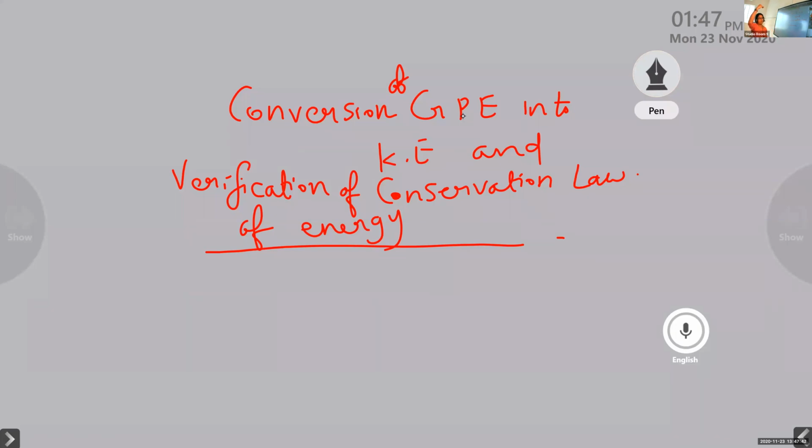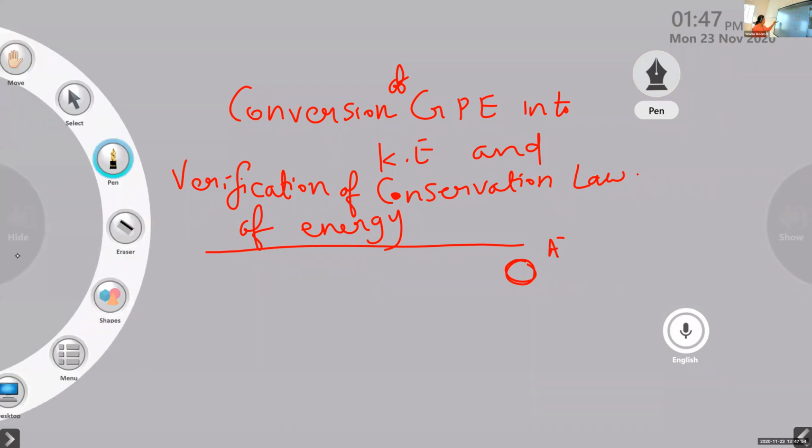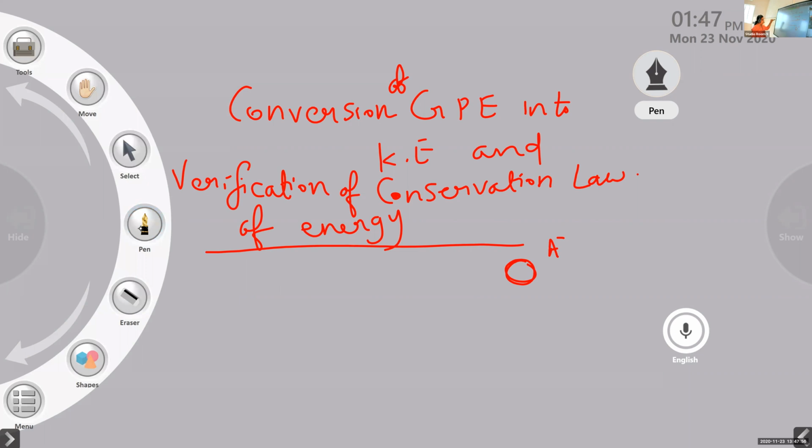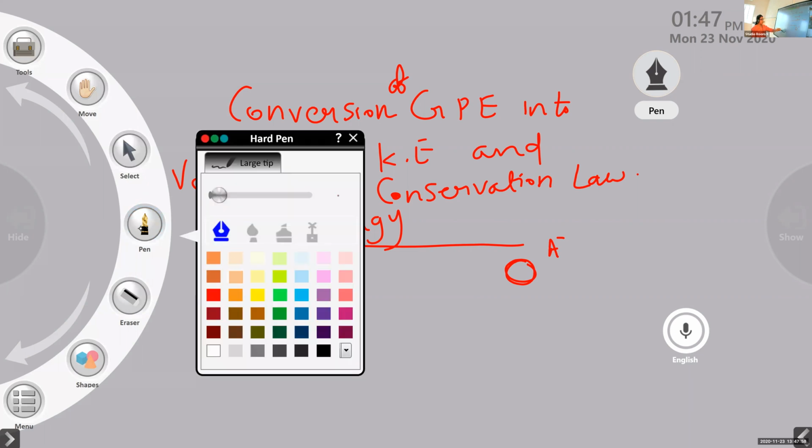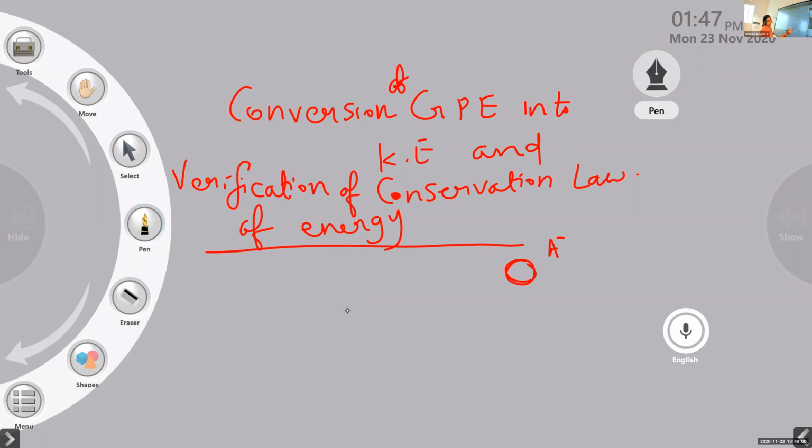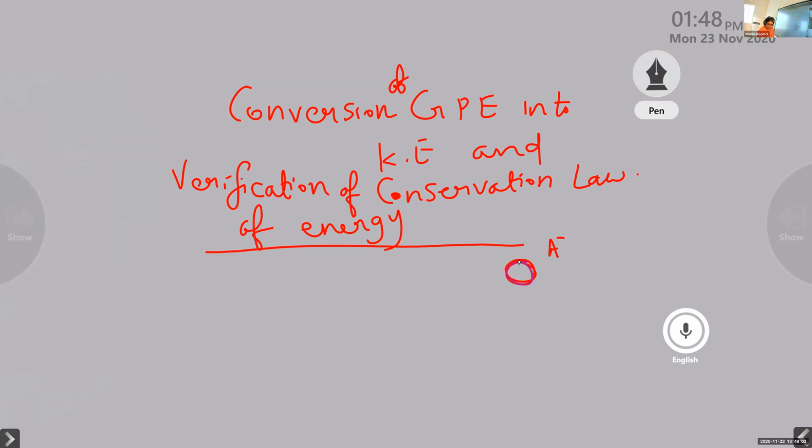Regarding an object falling under gravity, let us have a small object. Assume the small object is falling.